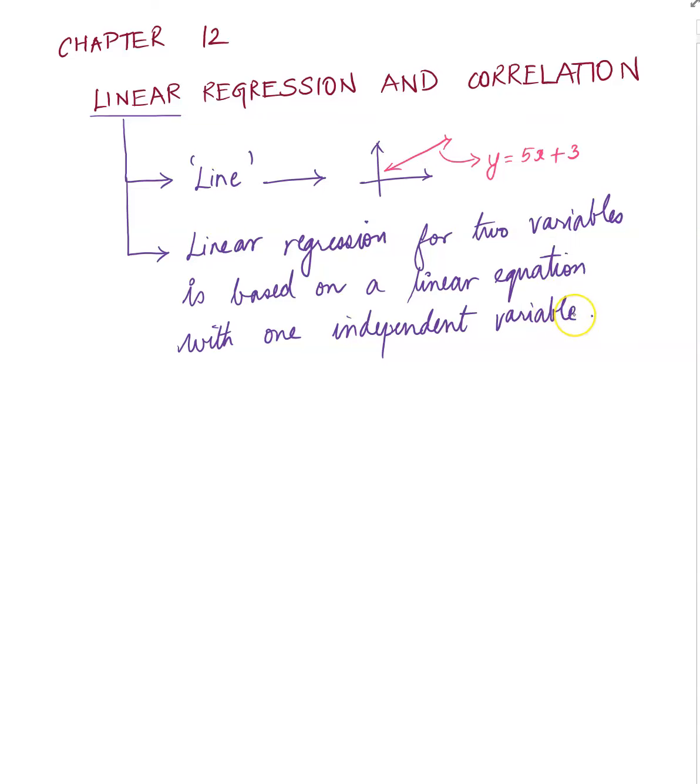This statement might seem complicated, but it's something that we do very intuitively. In fact, when we wrote y equals 5x plus 3, we wrote the y, which is the linear equation, in terms of one independent variable, which is x.